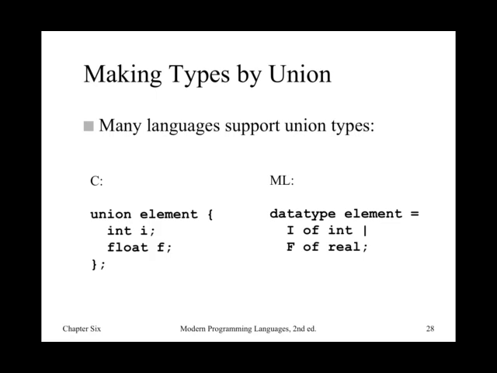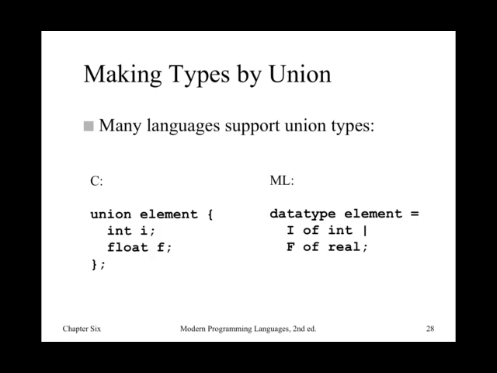But what's interesting about the way this works in languages like C, and I think it works the same way in ML, is that it looks like a record, right? You want to say that there's an element and it's got an I and it's got an F, but it doesn't. It actually has an I or an F, and it occupies a spot that is essentially as large as the biggest one of the two.